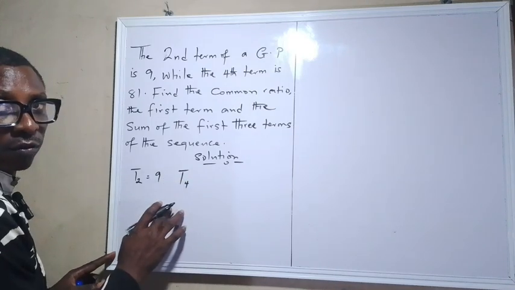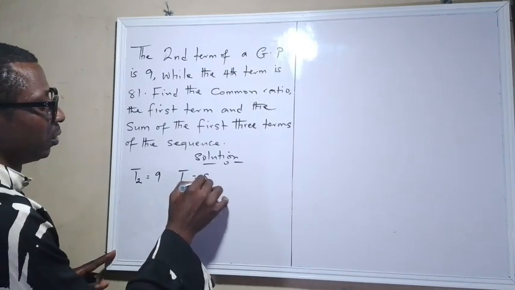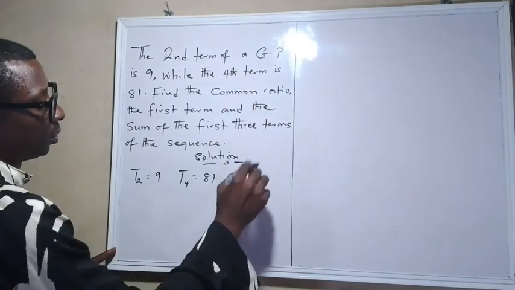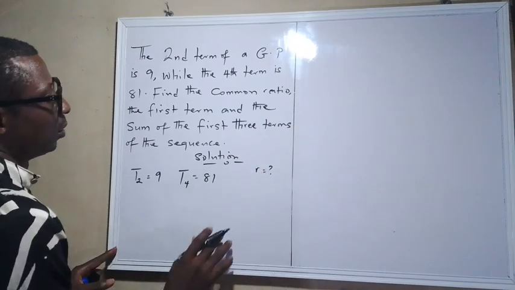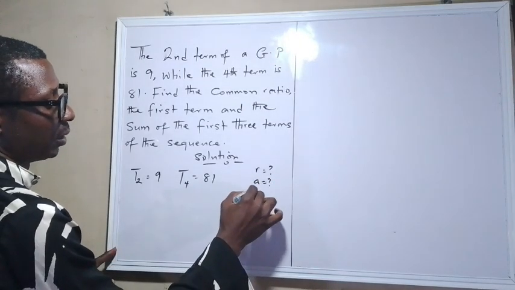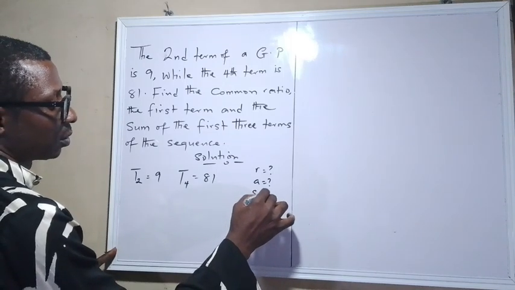T4, which is the fourth term, is 81, and we are asked to find the common ratio, R. We have to also find the first term, that's A, and then the sum of the first three terms.